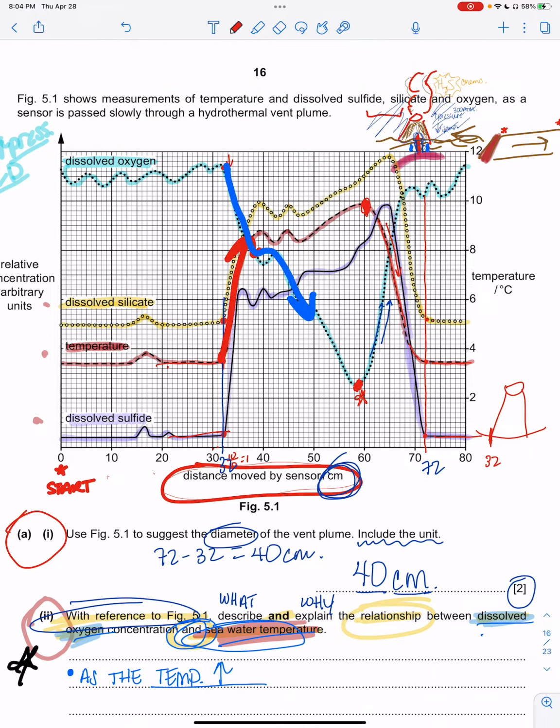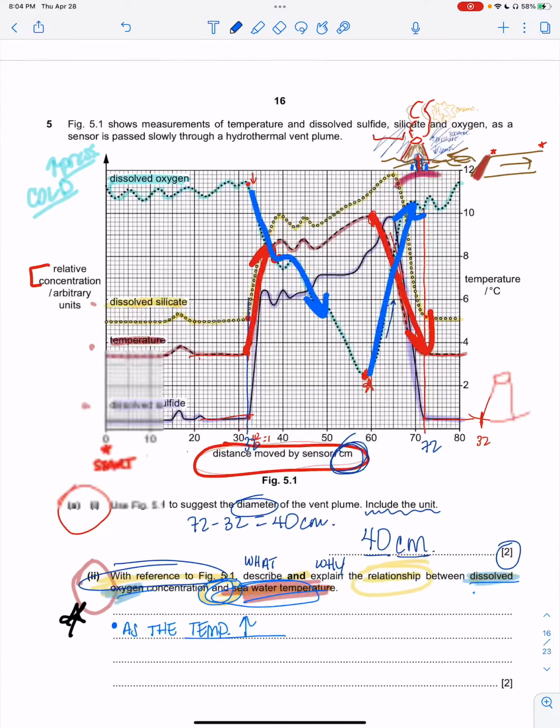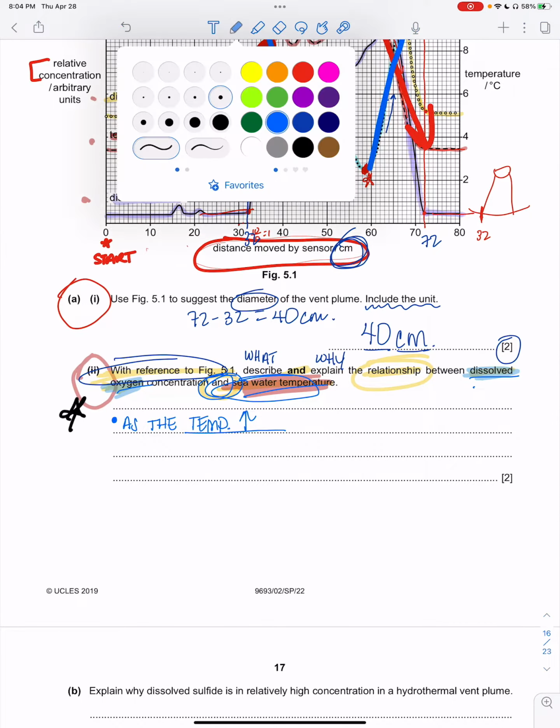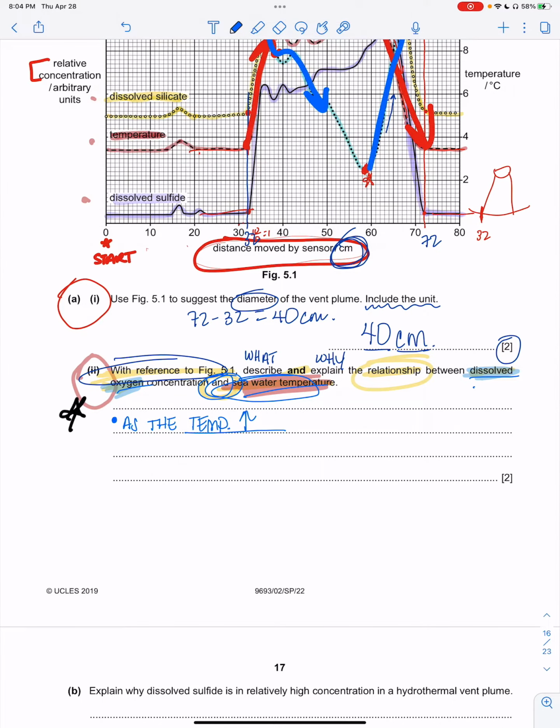When the temperature falls down again, when it's moving away from the vent plume, your oxygen goes back up. So as the temperature increases, the dissolved oxygen decreases. Okay, that's the what, and now we need to say the why.